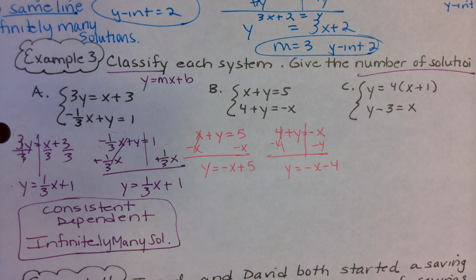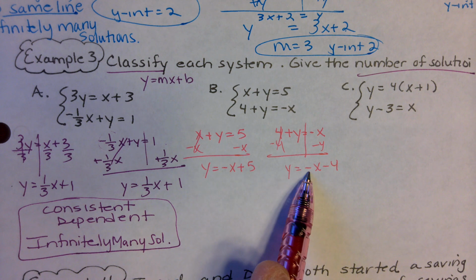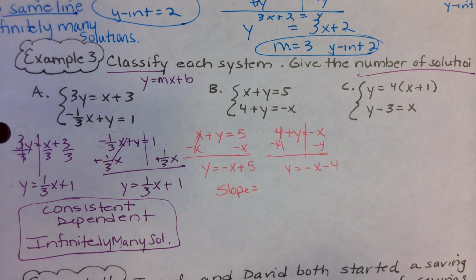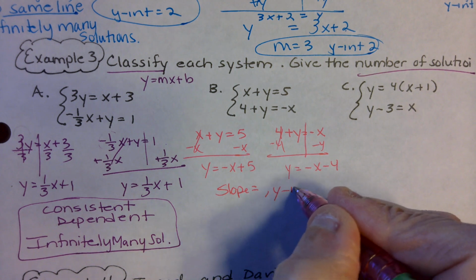What do you see? I see something's the same and something's different. What's the slope in each of them? -1 and -1. So we have slope is equal. What about the y-intercept? Y-intercept is different.